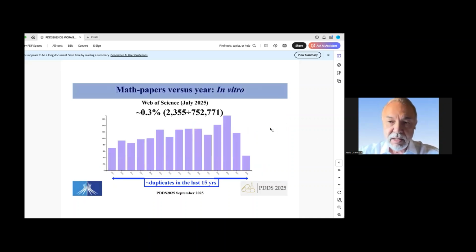However, if you look more closely at the literature, you can see that in the last 15 years, the number of papers that include a mathematical analysis, which means a mathematical model and some strategy to analyze the data, has doubled. So that makes some hope for the future, actually.